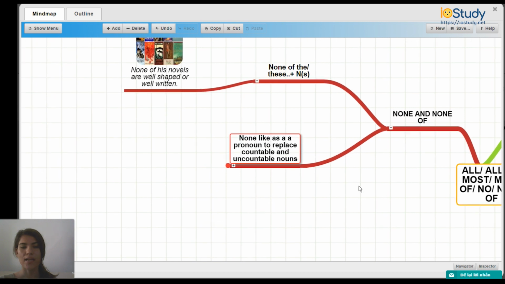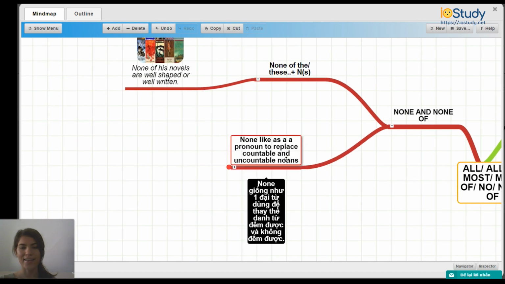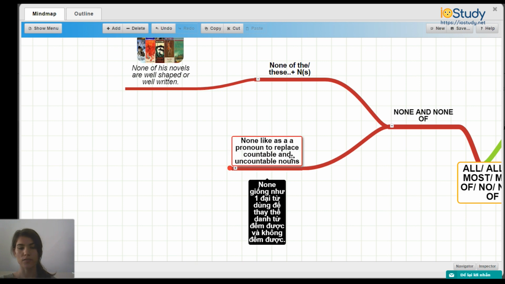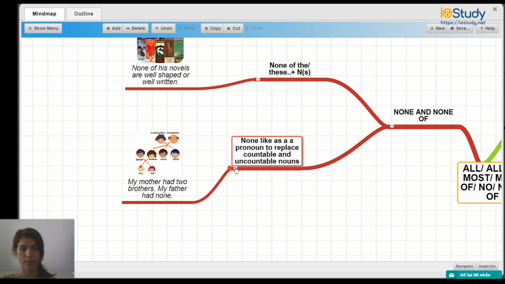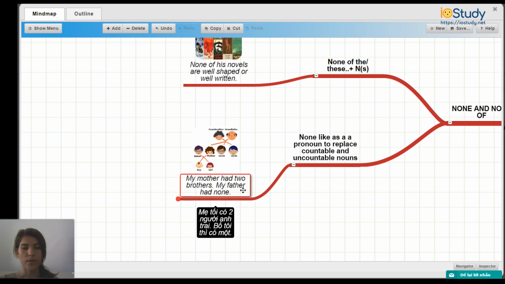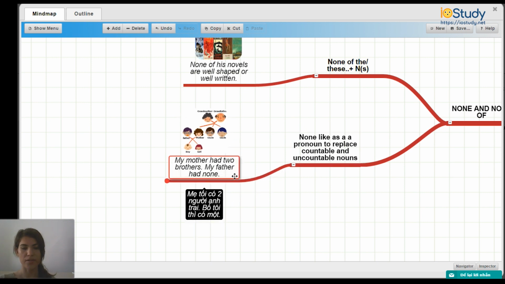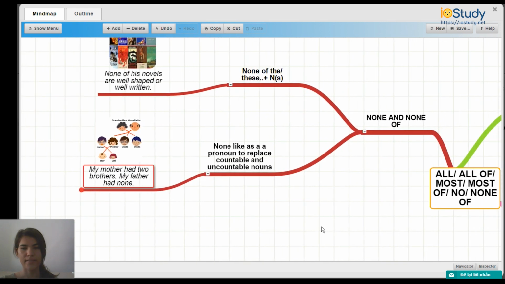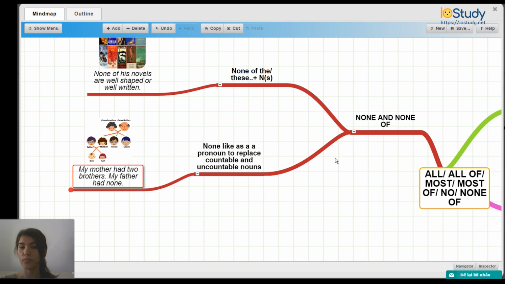Next, none like as a pronoun to replace countable and uncountable nouns. For example, my mother had 2 brothers. My father had none. Okay, so now in both of these examples, we're using none and none of.